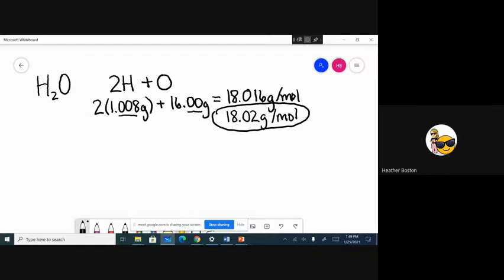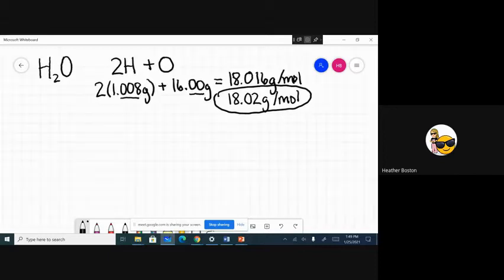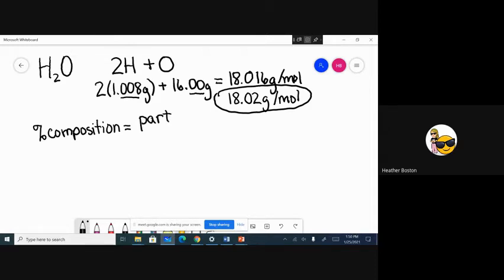But I'm going to teach you how to do percent composition. So percent composition is, what are these things made of? The percent composition of water would be calculated as follows. It is the part over the whole is the general formula for percent composition. We know to turn it to a percent, we multiply by 100.